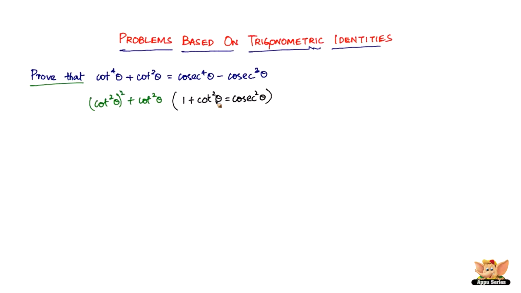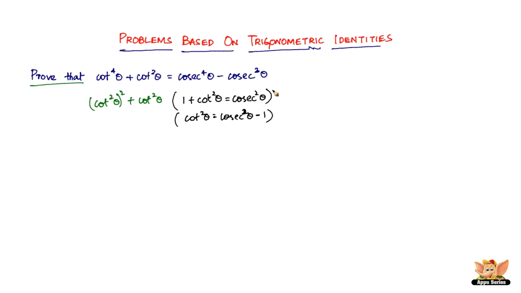It's not this identity that plays a role directly here, but cot square theta equals cosecant square theta minus 1, which we get from this. The 1 goes to the right hand side.